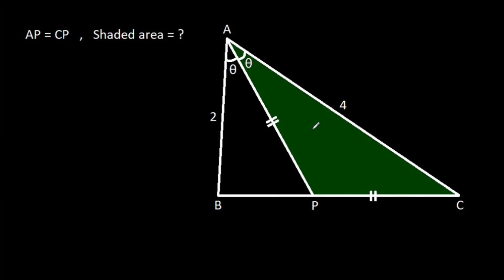Can you find the shaded area, given that AC is 4?